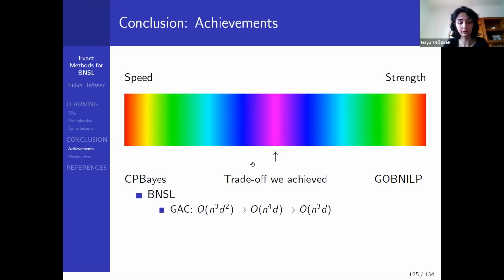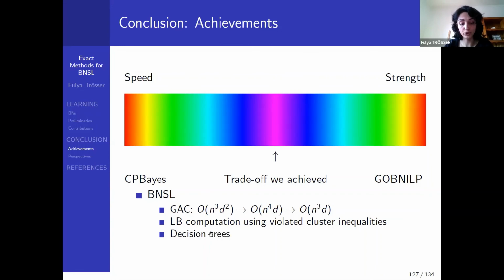In particular, we came up with a strong inference algorithm with a very favorable worst-case complexity, a lightweight lower bound mechanism inspired by the ILP method developed for BNSL by GOBNILP, and a decision tree implementation which made the propagation faster, especially for some data sets.